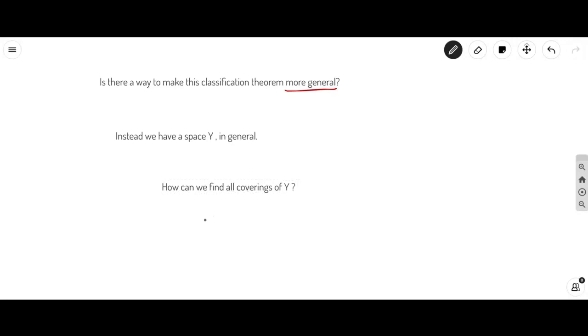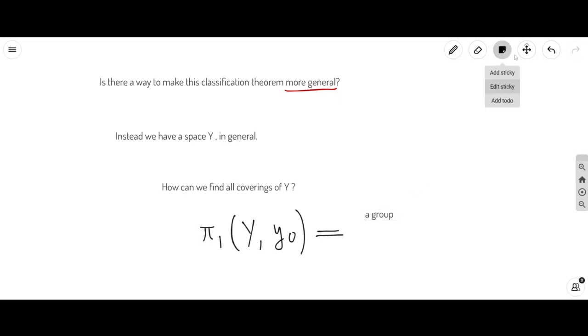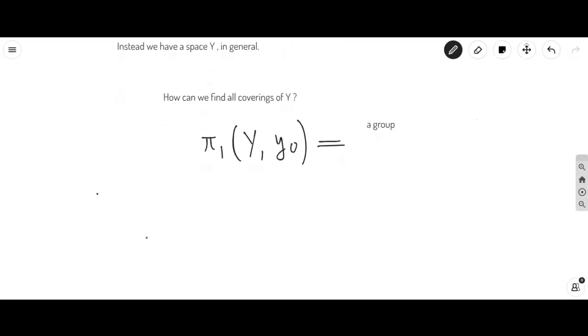It's actually very simple. So you're going to calculate the fundamental group of Y at some point. Okay? So this is going to give you a group. Right? That's going to give you some kind of group. And then it can be shown, and it's a similar proof, but it's obviously going to be more complicated, that all coverings correspond to subgroups of this fundamental group.